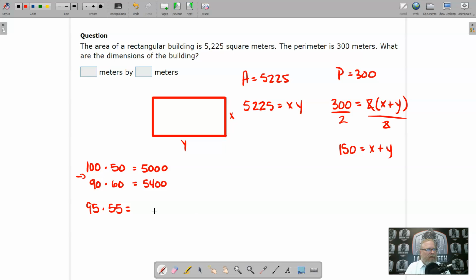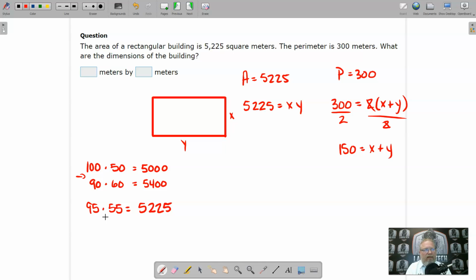So let's try 95 times 55, and that equals, go figure, 5,225. At first 5,000 wasn't enough, so I could have gone to 110 times 40, but I chose to go down to 90 and up to 60, and that brought me to 5,400. I know that number's too big, so working with that first digit, instead of 100 or 90, I'm going to try 95.